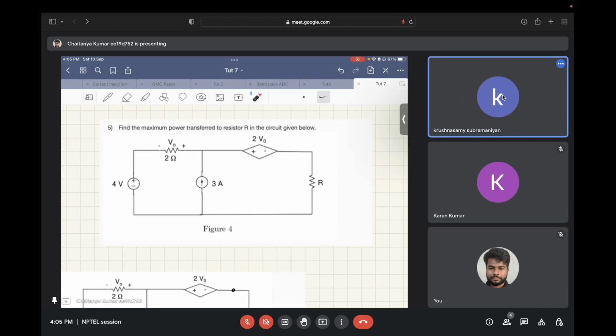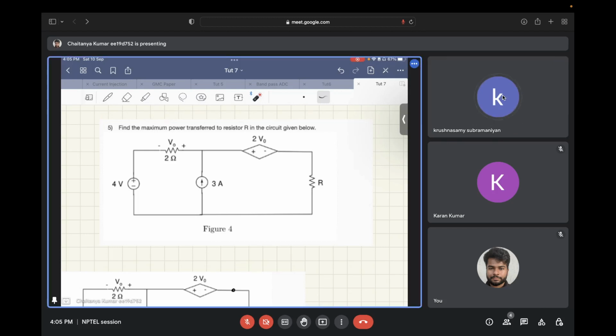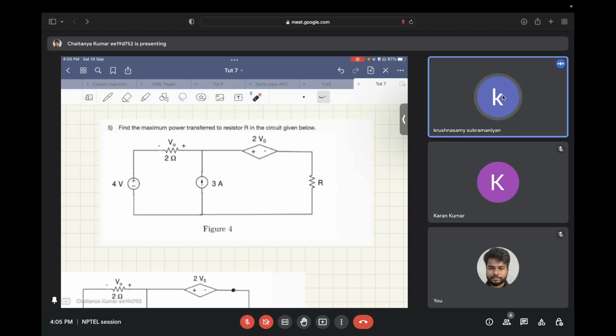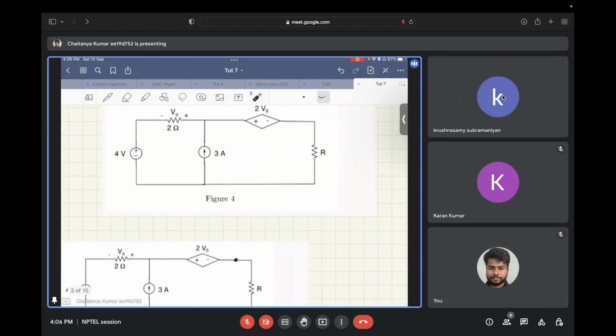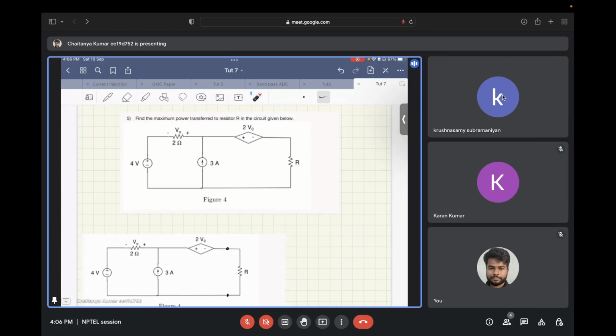Karan Kumar, have you tried this? Okay, so let's go about it. It's a little bit tricky than what conventionally you have learned in the maximum power transfer theorem.